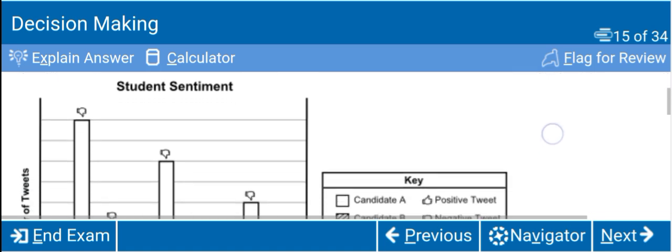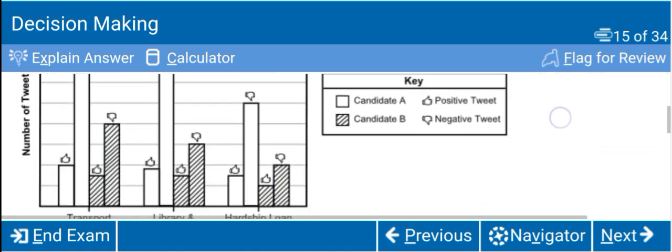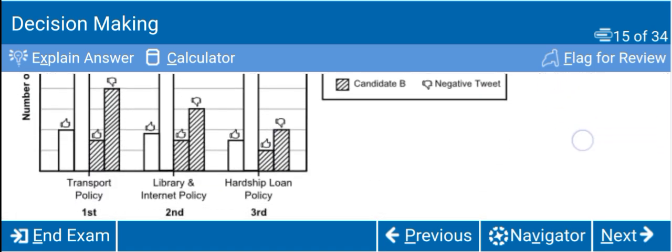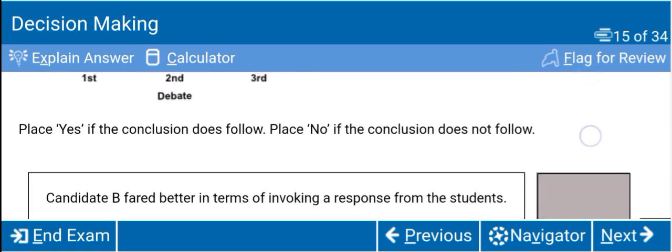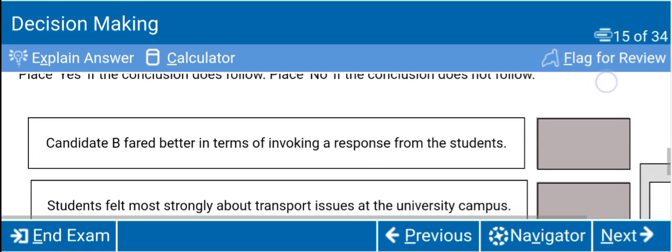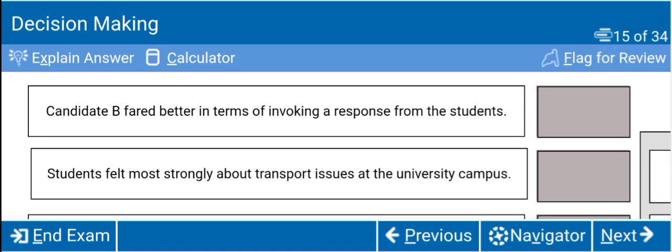So here you can see a graph, and then place yes if the conclusion does follow and place no if the conclusion does not follow.